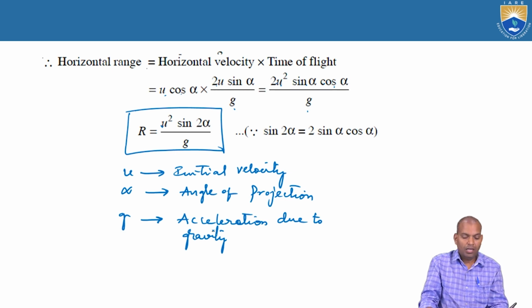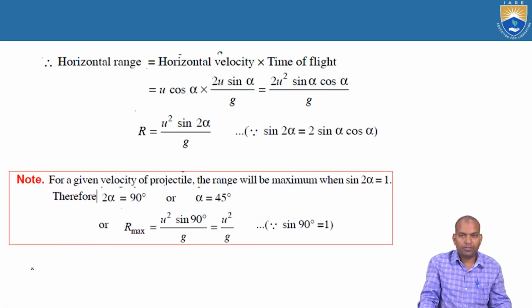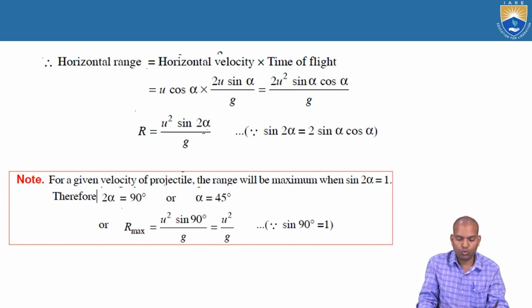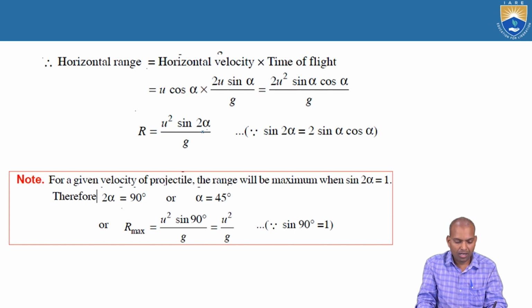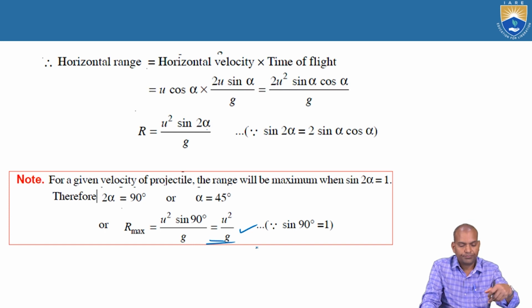Now, based on this derived expression, we are going to solve the problem. Suppose alpha equals 45 degrees, then what happens? Sin 2 times 45 is sin 90, which equals 1. So the maximum range equals u square by g.